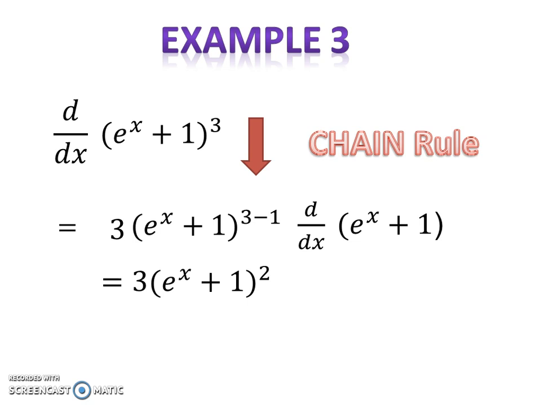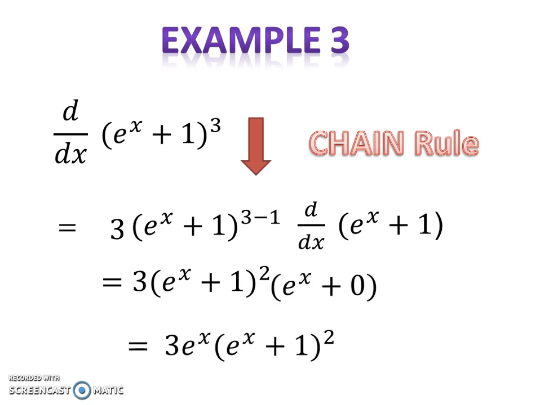When you differentiate 1, you get 0. So combine it and you get the following. Take a moment to absorb this. Once again, nothing new here. It's just that when the d over dx meets the e power x, you must know you will get e power x. That's all. All the rules here are what you have learned and applied in the previous lessons.